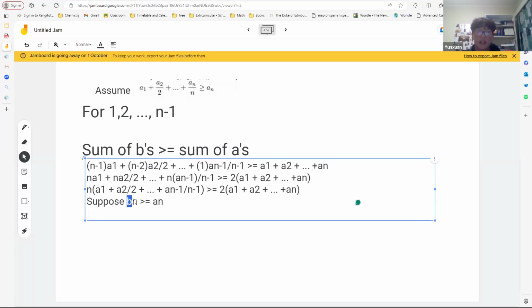So if we add bn to this side and an to this side, if we add both inequalities together, we get, it's the same thing as n times a1 plus a2 over 2 plus dot dot dot plus an over n.